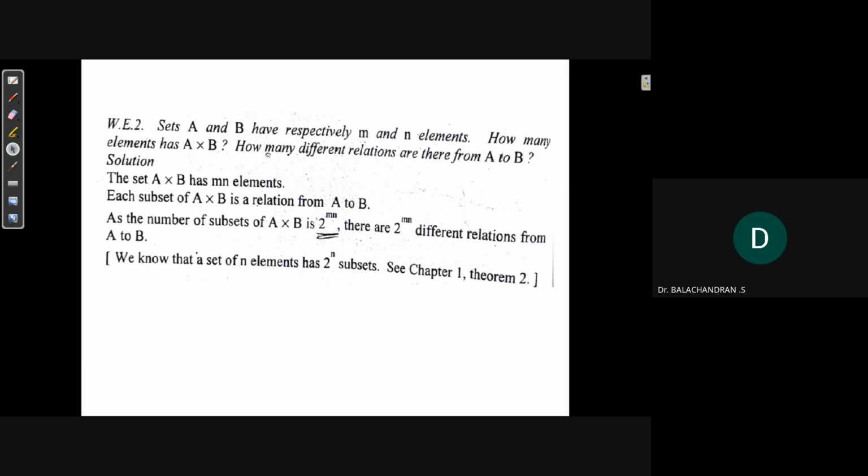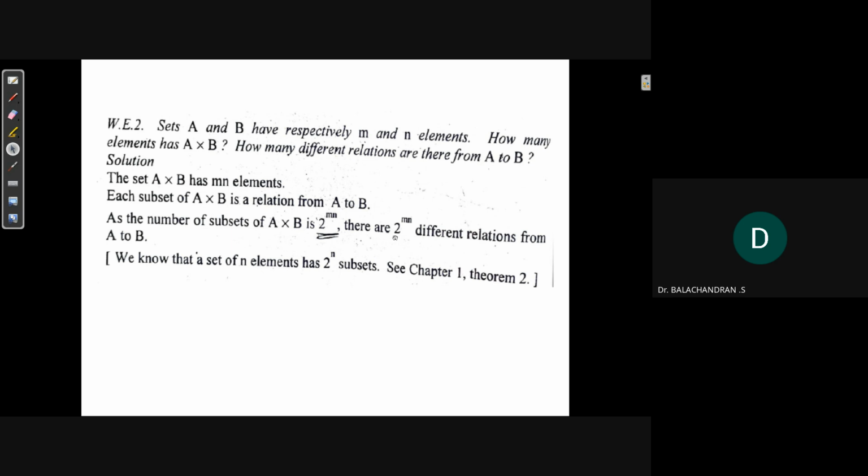Now the question is, how many different relations are there from A to B? That means, again, how many subsets does A cross B have? First of all, what is the number of elements in A cross B? We know that it is mn. Hence the total number of subsets of A cross B is 2 power mn.